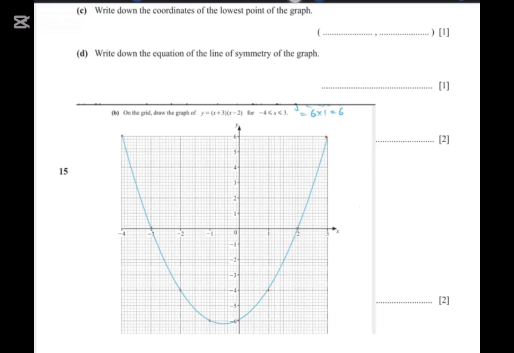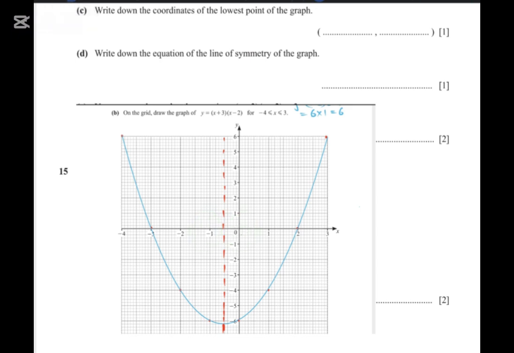Question number C. Write down the coordinates of the lowest point of the graph. Now to find the lowest point of the graph, let me draw the line of symmetry here, which is exactly in between. This is the line of symmetry, and we need to check the x and y coordinates of the point at the bottom here, that is the lowest point. Now this is in between 0 and 1.